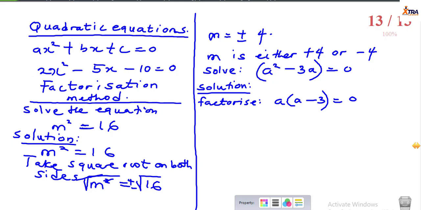So you can now say that either this a here is equal to 0, or the whole bracket is equal to 0. So a minus 3 equals 0.